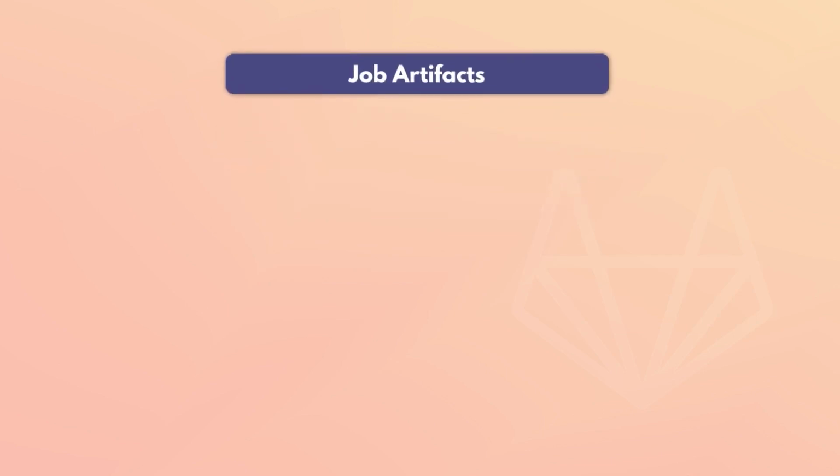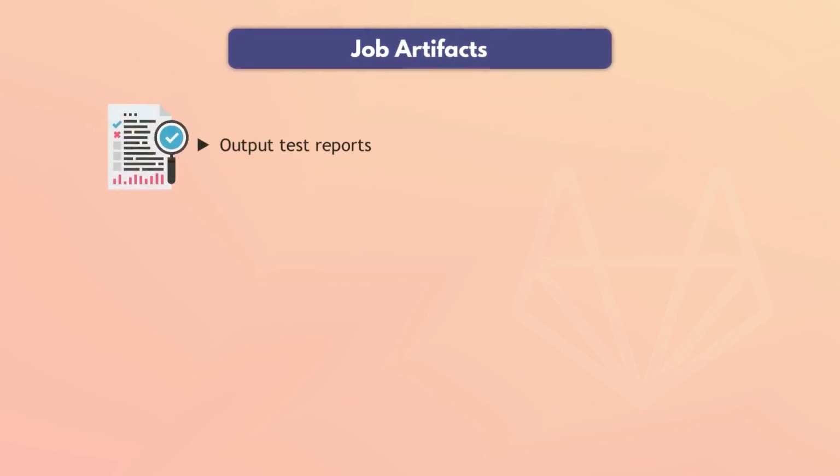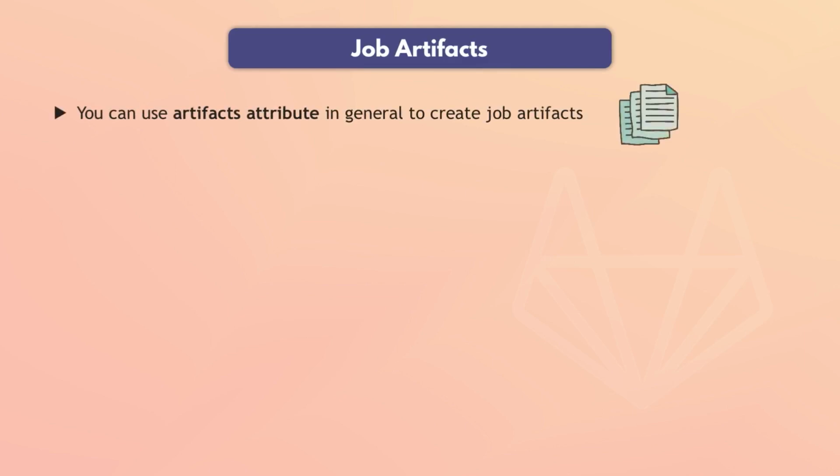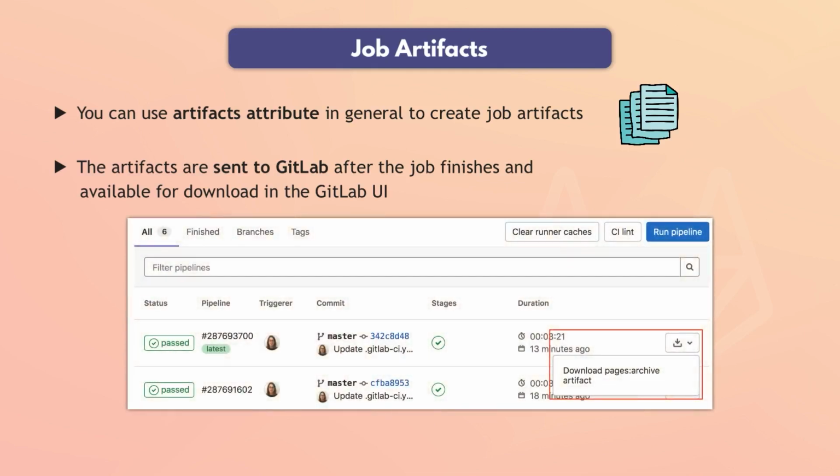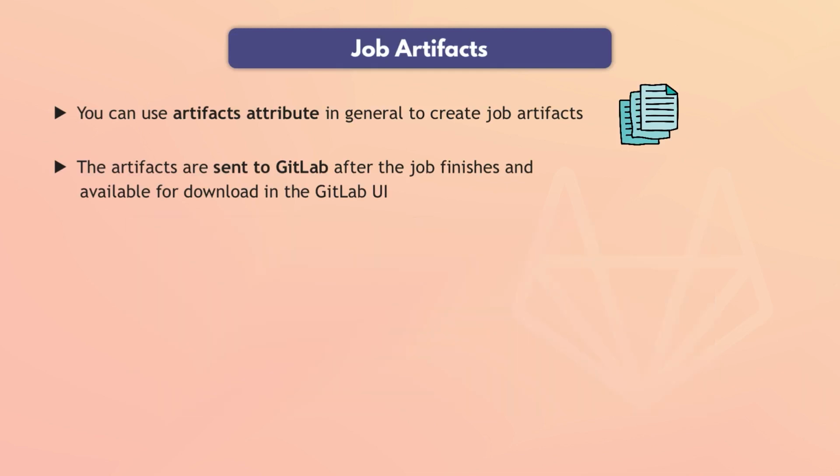We already learned about the artifacts in the video about running tests where we exported test reports. So artifacts is generally used to generate any files or artifacts as a result of a job execution, and we can then download these artifacts in the GitLab UI. But we can also use artifacts to pass these generated files to the following jobs.